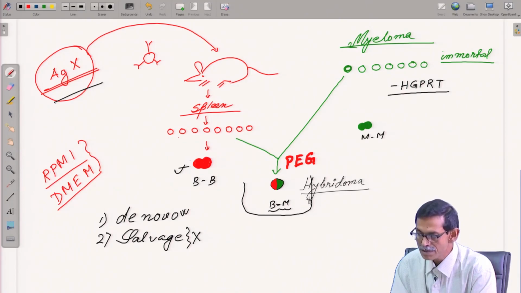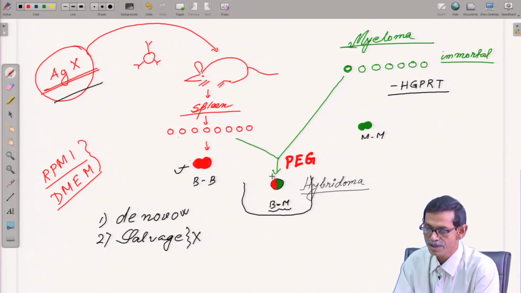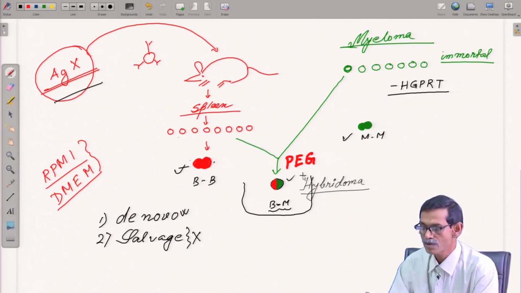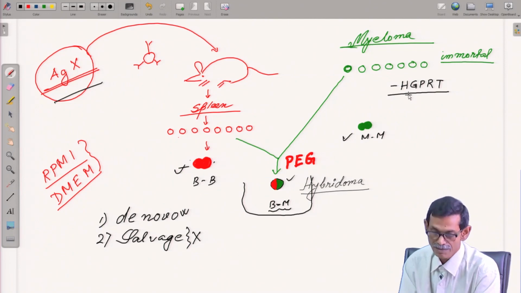But in this medium where we grow the mixture, after PEG you have this, this, and this. These we do not care much, because they will die after a few cycles of their life cycle, but this cell and this cell both will survive. So, we have to get rid of that. They do not have HGPRT, fine, but they have the de novo pathway.